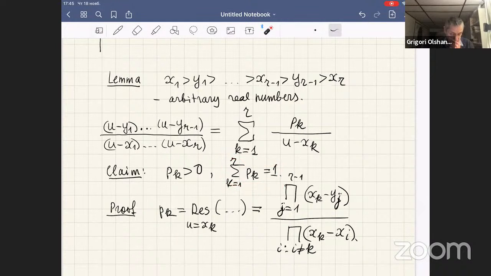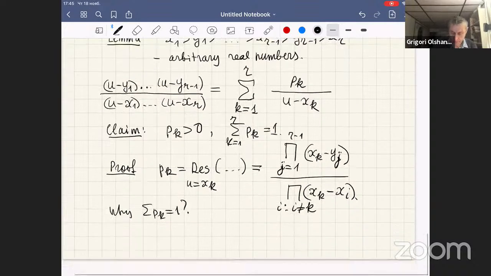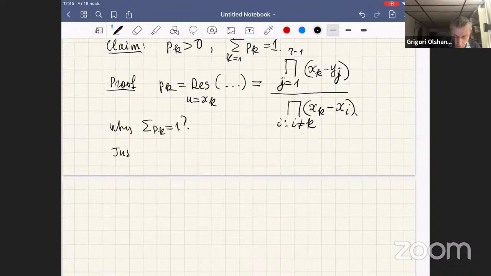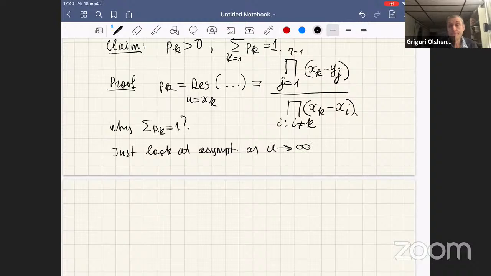This is just by looking at the asymptotics as u goes to infinity.